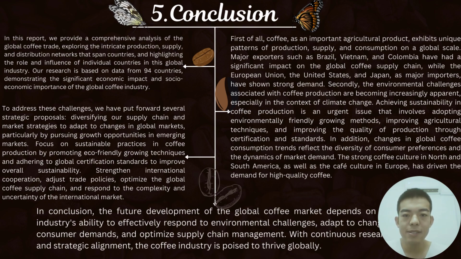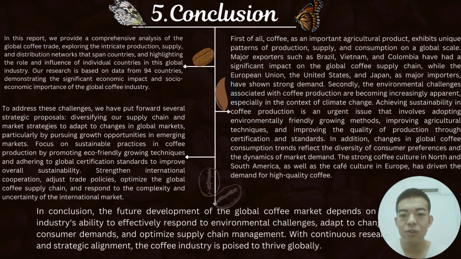The analysis shows that major exporters such as Brazil, Vietnam, and Colombia largely determine global supply, while the major importers such as the European Union, the United States, and Japan drive demand.